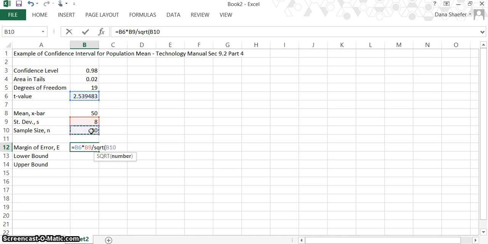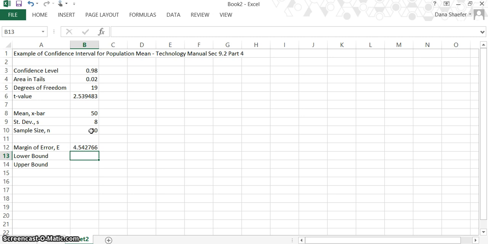And then I'm going to close the parenthesis, and we're going to get 4.542766. So that's that error that I'm going to add and subtract from the point estimate.